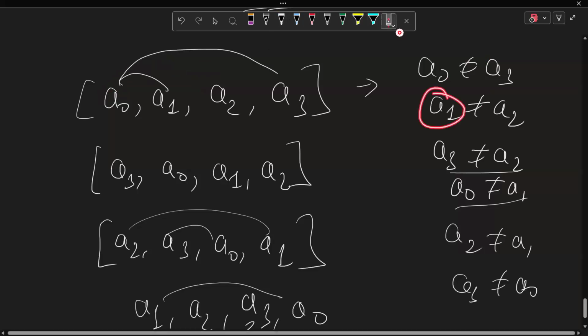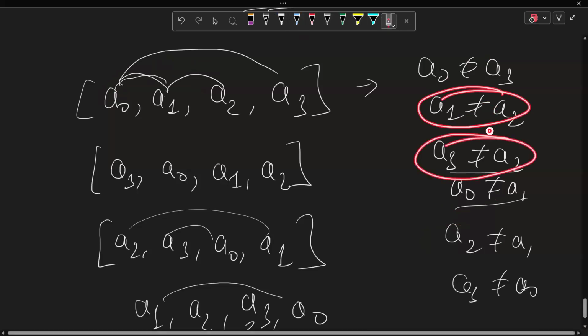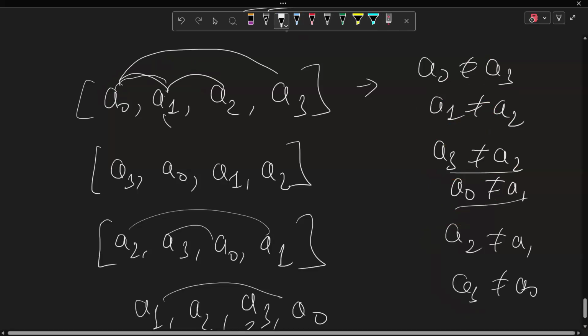For A1, my conditions are with A0 and A2 only. For A2, my conditions are with A1 and A3, not with A0.